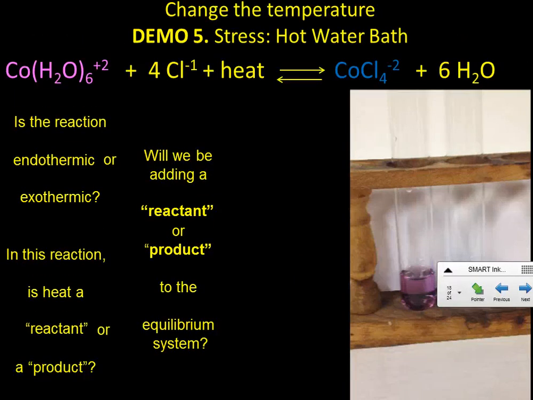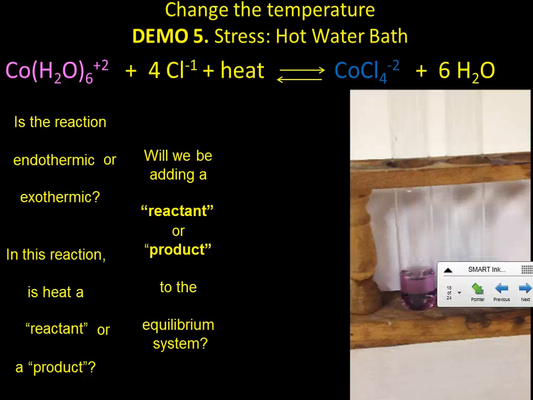All right, so in this fifth demonstration, the stress is going to be to change the temperature. And to change the temperature, we have to add something to our equation. We have to see whether or not this equation is endothermic or exothermic. So I'm adding the heat term to this equation, and we see that the heat is on the left side of the arrow.